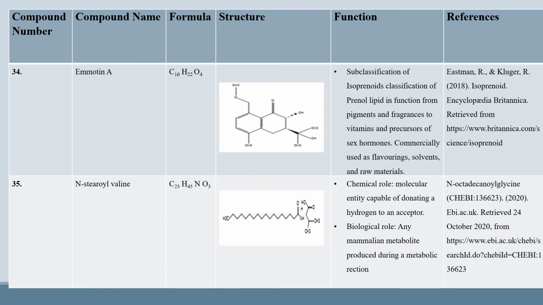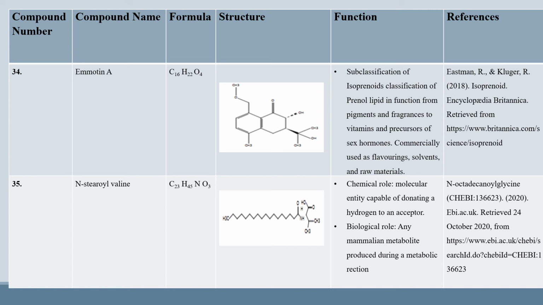So here we have compound number 34, named Emodin A. The formula and structure are shown. Prenol lipids are classified into isoprenoids, and isoprenoids are subclassified into emodin.